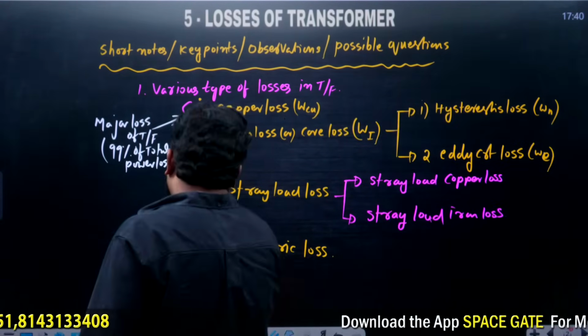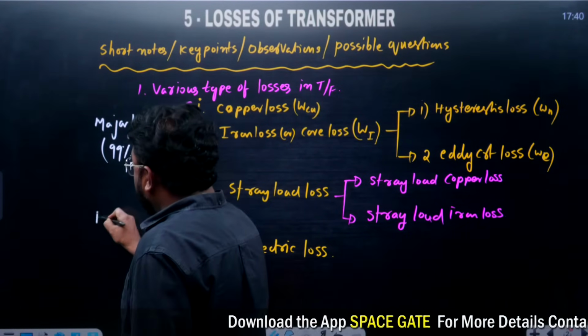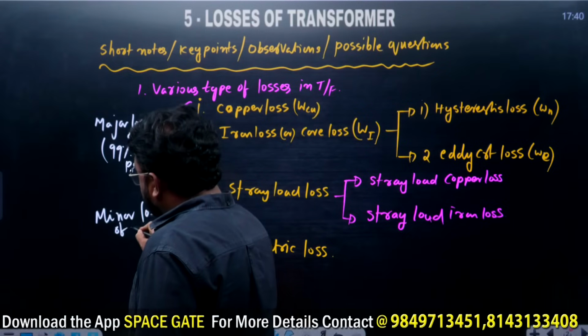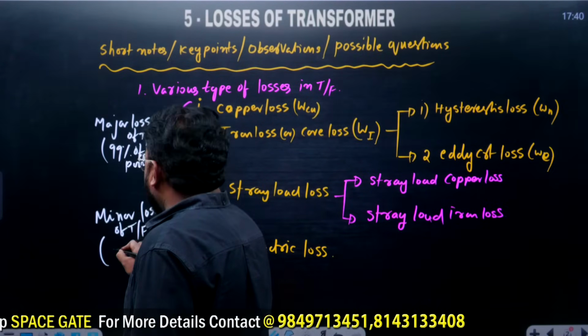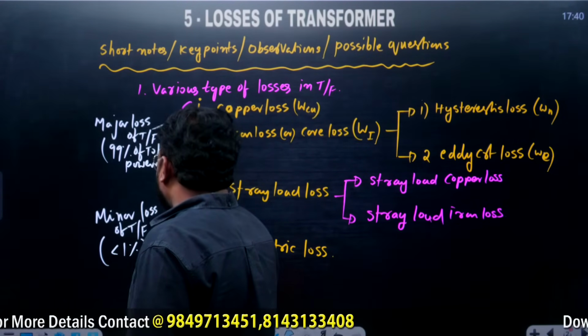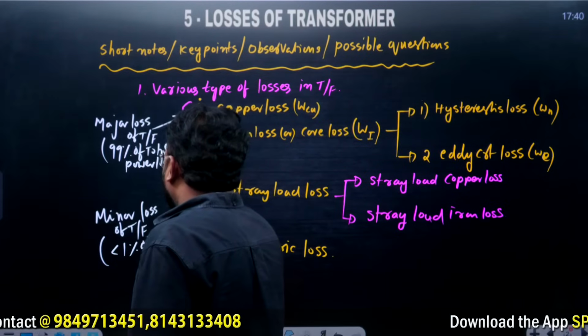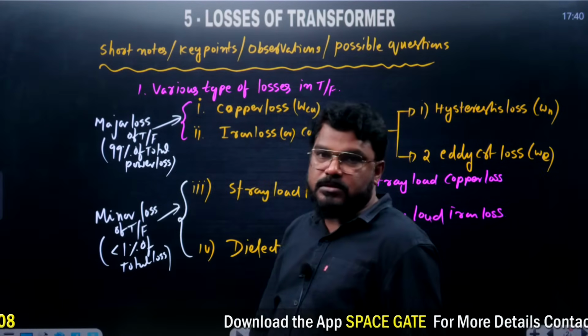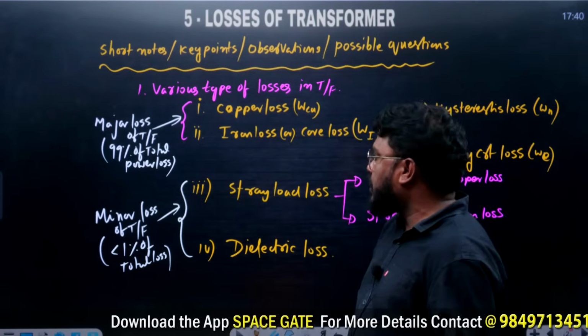And these other 2 losses are treated as minor losses of the transformer. Minor losses are less than 1% of the total losses.